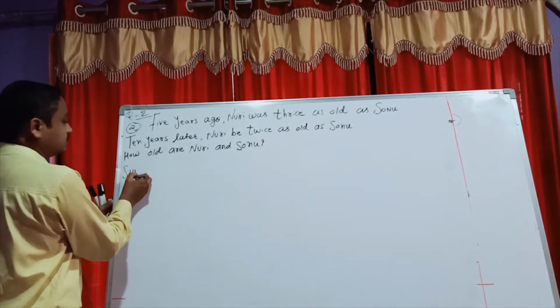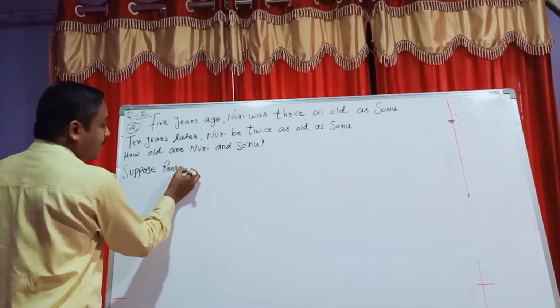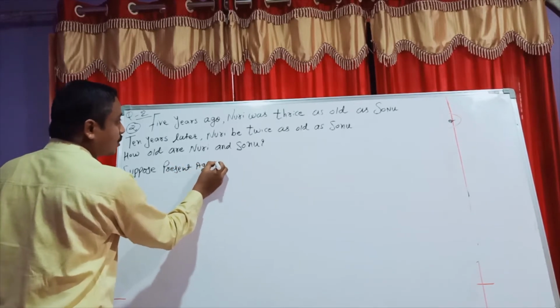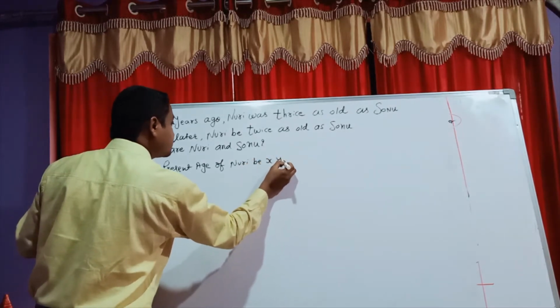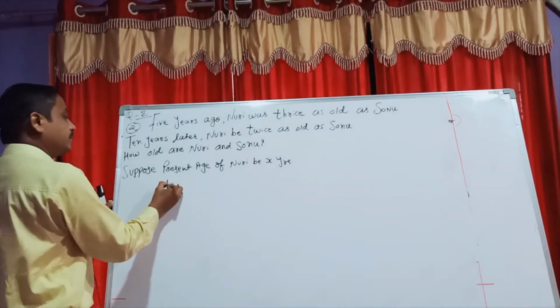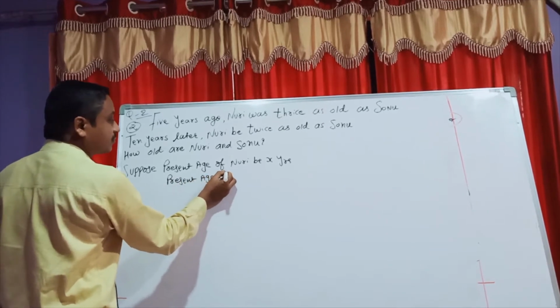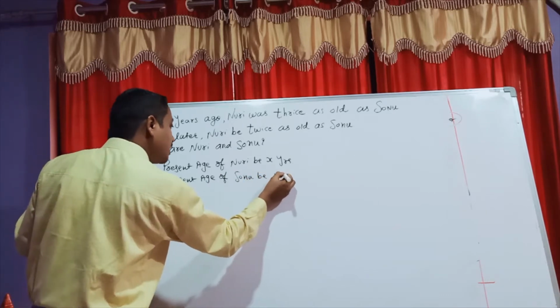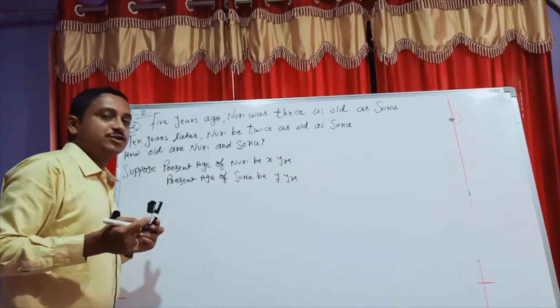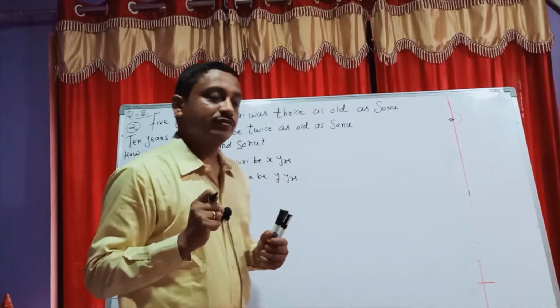So I start the sum. Suppose the present age of Nuri be x years and the present age of Sonu be y years. As you like, students, anyone related to taking x or y.